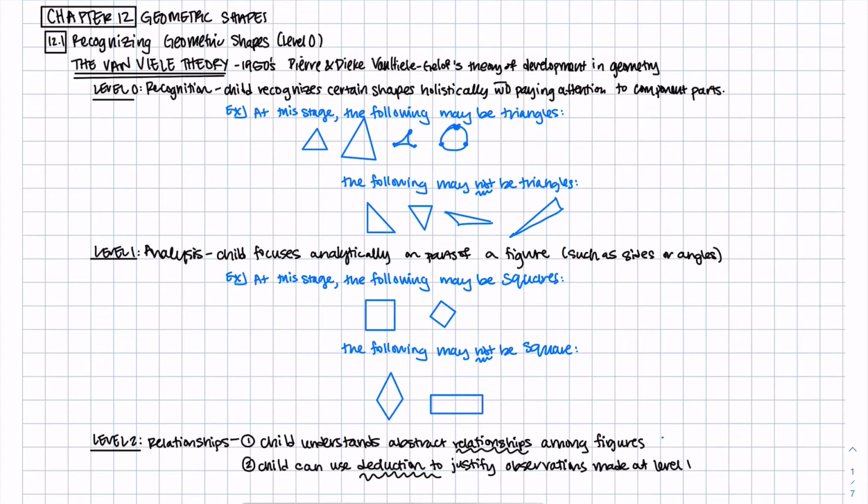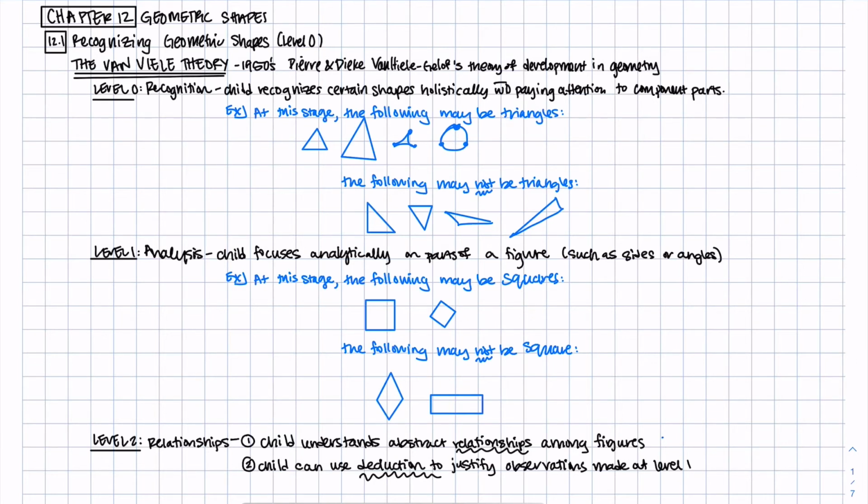But once they're at level 1, they're able to recognize, oh yep, this thing has 4 sides and they're of equal length. And of course, these 2 drawings are correctly not squares for someone at level 1 because they don't have sides of equal length. So they're able to more accurately suss out some of the details based on properties.